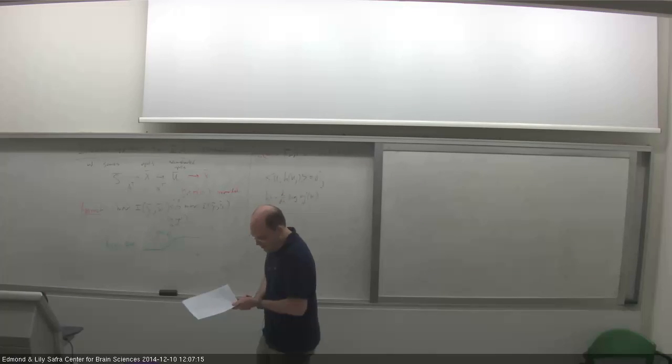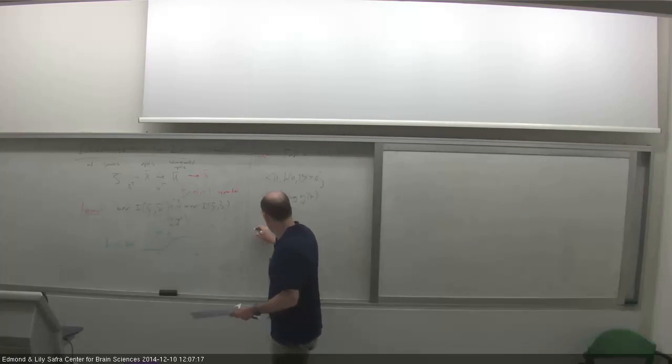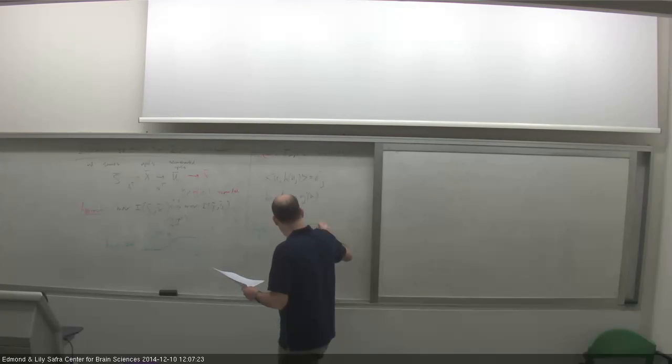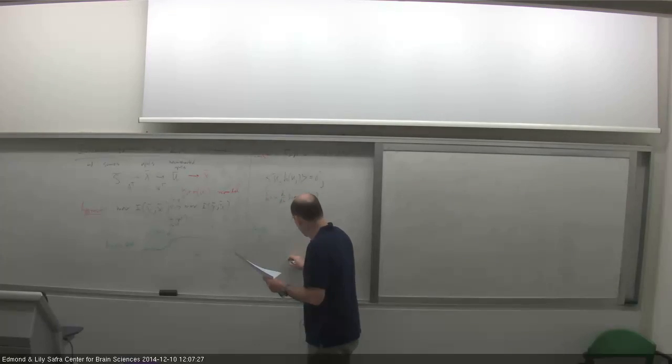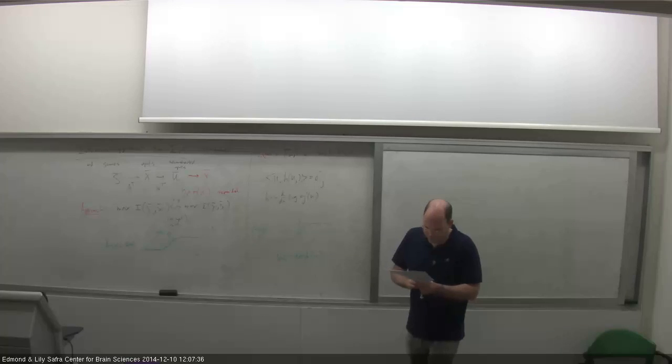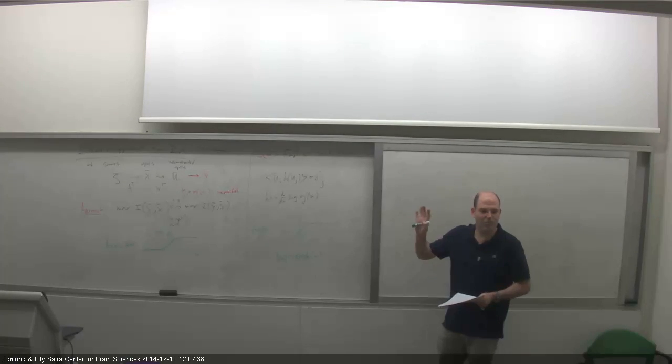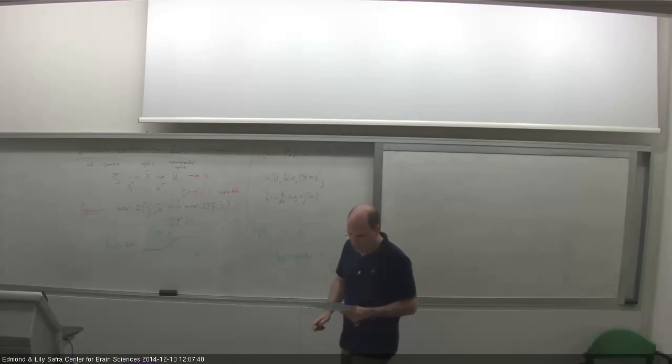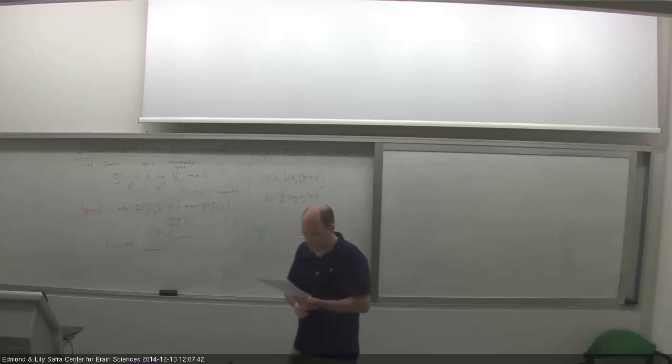And for a logistic p, it ends up being simply a hyperbolic tangent. So h of u is hyperbolic tangent of u. Okay, so all this was a reminder. Now I want to make a few comments.